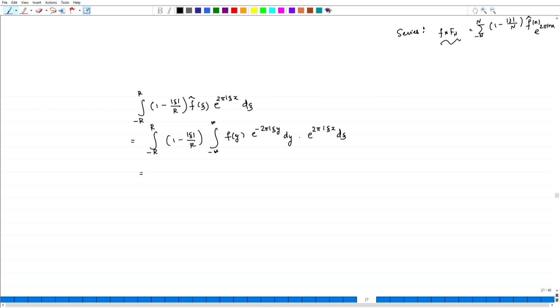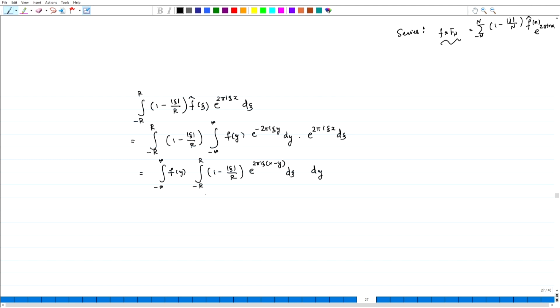Now, our functions are nice, so we can interchange the integrals. So, this is going to be the integral from minus infinity to infinity of f of y, then the integral from minus r to r of 1 minus mod xi by r, e to the power 2 pi i xi times x minus y, then this is d xi integral, then we are left with dy.